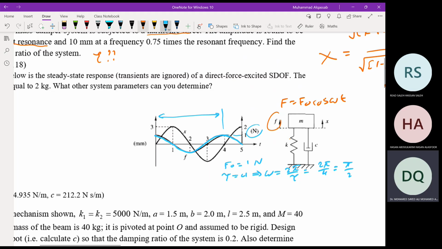The other graph is for X. The amplitude of X, which is capital X, is 3 millimeter, and it is a sine wave.